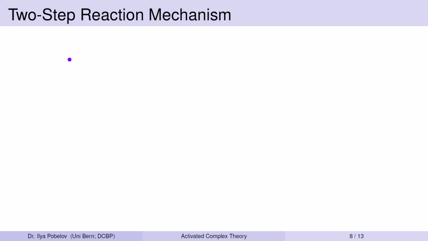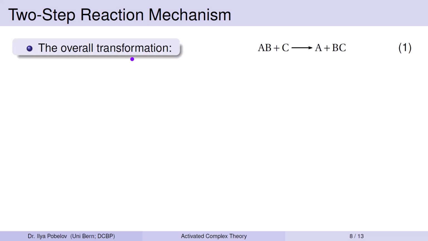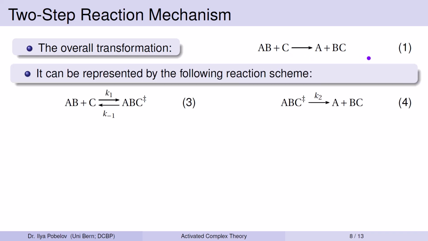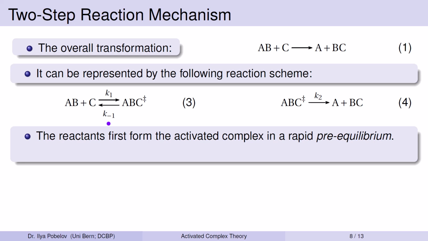We now describe the reaction in two steps, as done in the framework of the activated complex theory. The overall transformation AB plus C forms A plus BC can be represented by the following reaction scheme. In this scheme, the reactants first form the activated complex in a rapid pre-equilibrium.